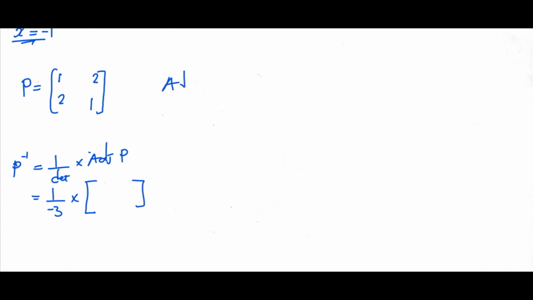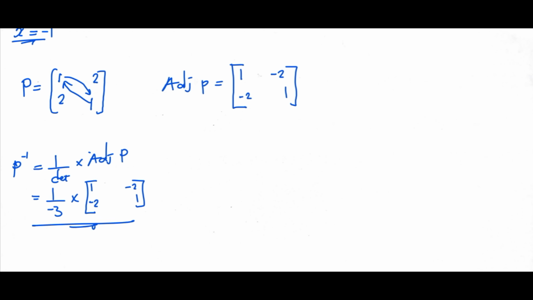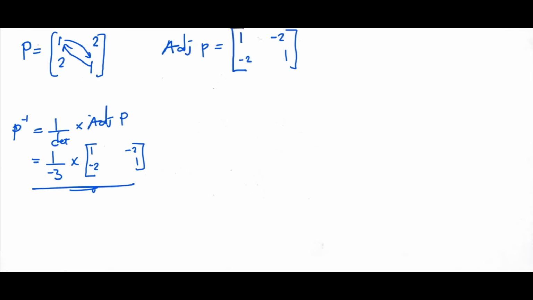For the adjoint of matrix P, for the major diagonal, you interchange the positions. 1 will come here, and since we have the same number, we just write it. Then for the minor diagonal, you interchange the sign. So positive 2 becomes negative 2, and this one also becomes negative 2. So this will be 1, negative 2, negative 2, 1. So this is our final answer.